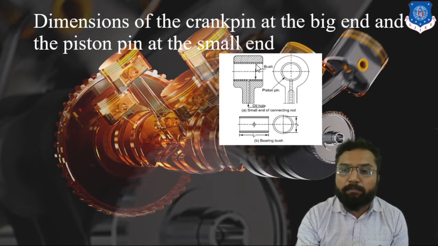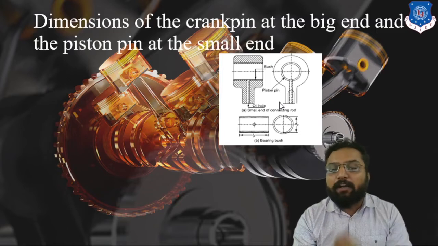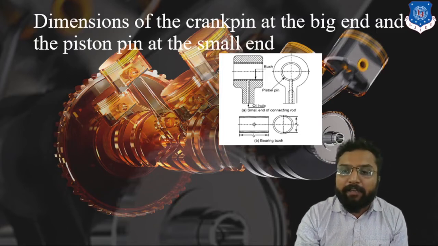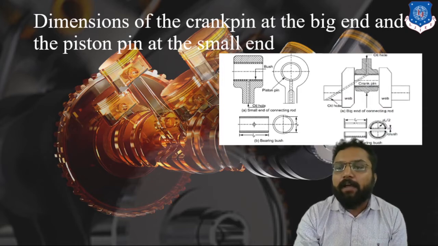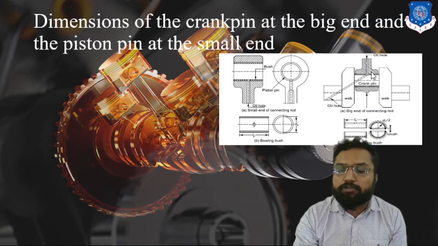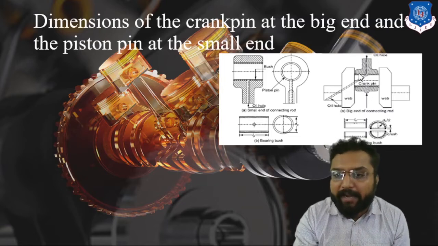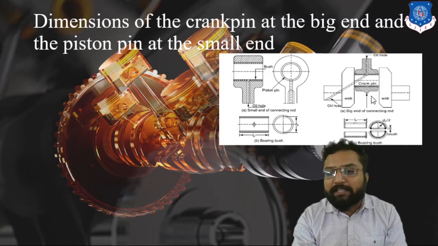Here you can see this bush and the piston pin. So ultimately, this piston pin will try to create a bearing pressure on our connecting rod. Clear? This side. Then after it is the big end. The big end is connected with our crankshaft, or it is also called crank end or crank pin end. Clear?